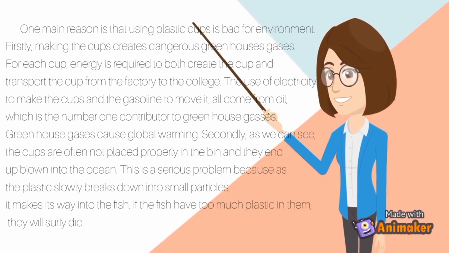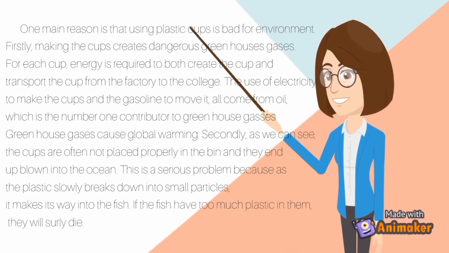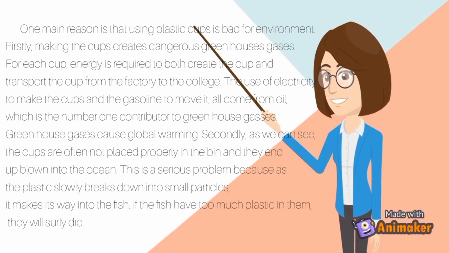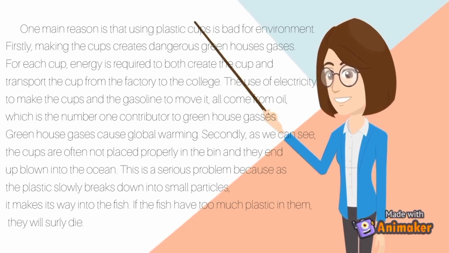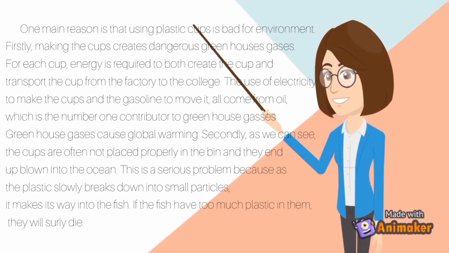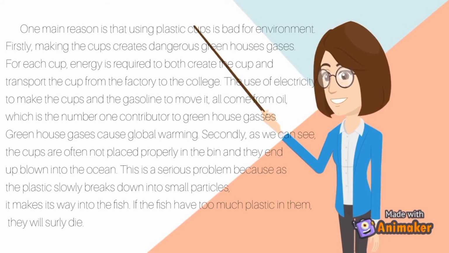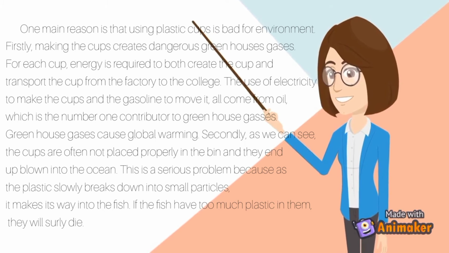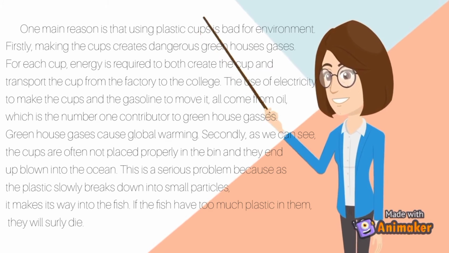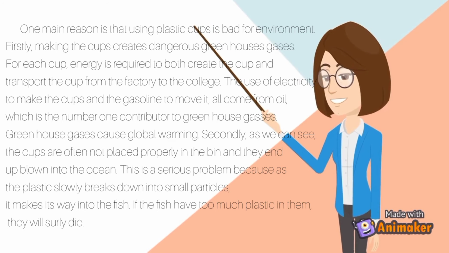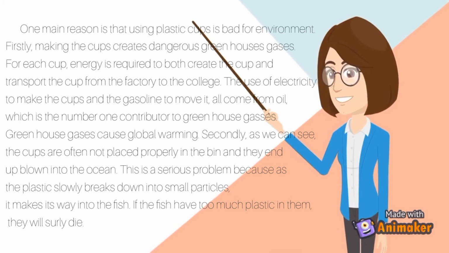Now, we've got topic sentence number 1, which is the first reason why the thesis is true. We have the topic sentence: one main reason is that using plastic cups is bad for the environment. Then, we support each topic sentence with 2 main ideas. In other words, 2 reasons why the topic sentence is true.